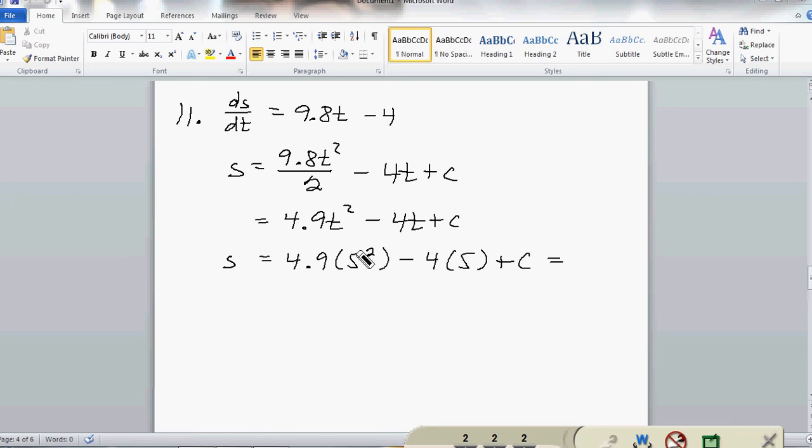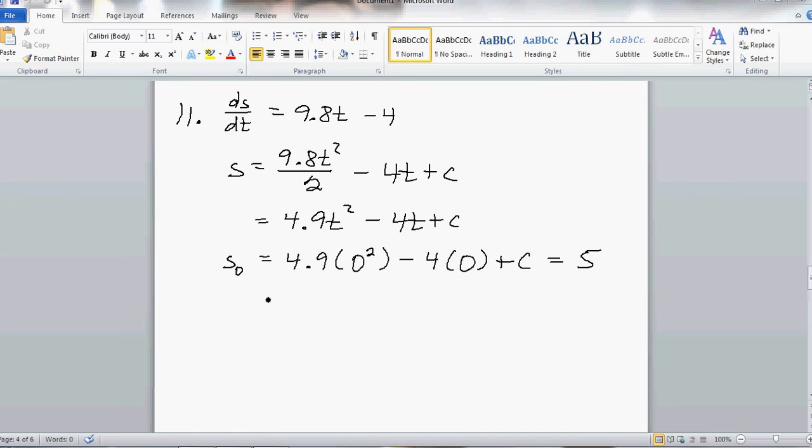These shouldn't be 5s, these should be 0s, because the time is 0. So 0 minus 0 plus C equals 5. Or in other words, S of t is equal to 4.9 t squared minus 4t plus 5.